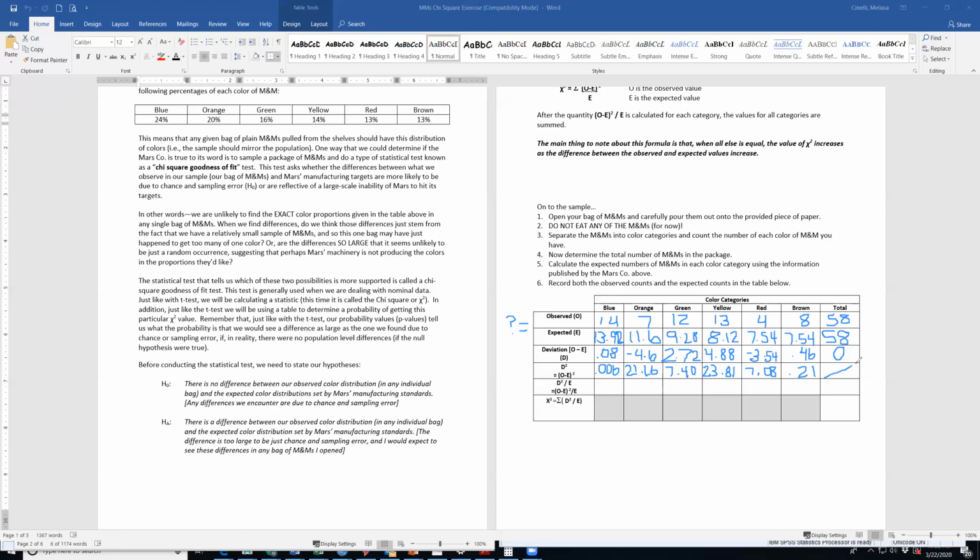In this row, there's really no need to add up these decimals. The sum would not be meaningful.